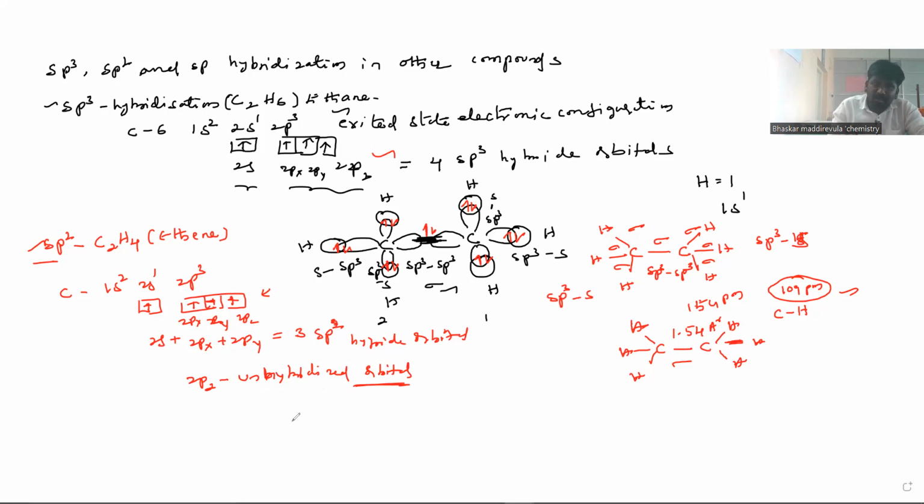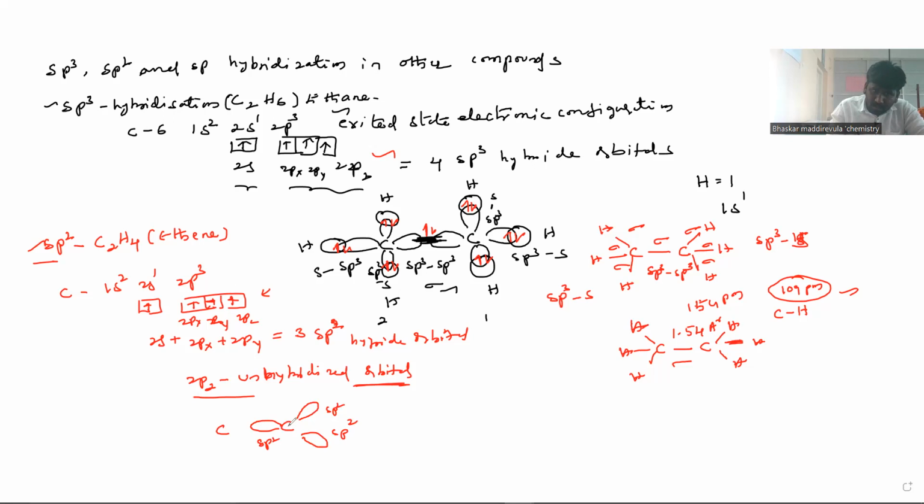If you see around each carbon, you can see the three sp2 orbitals. Here one sp2 orbital, here one sp2 orbital, and here one sp2 orbital. Along with these sp2 orbitals there is one unhybridized orbital, that is 2pz.